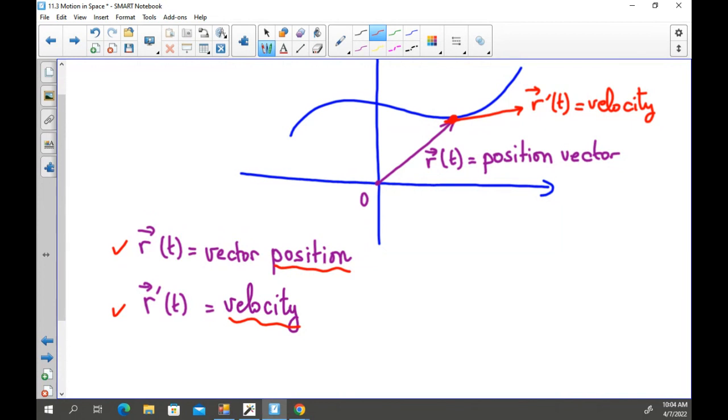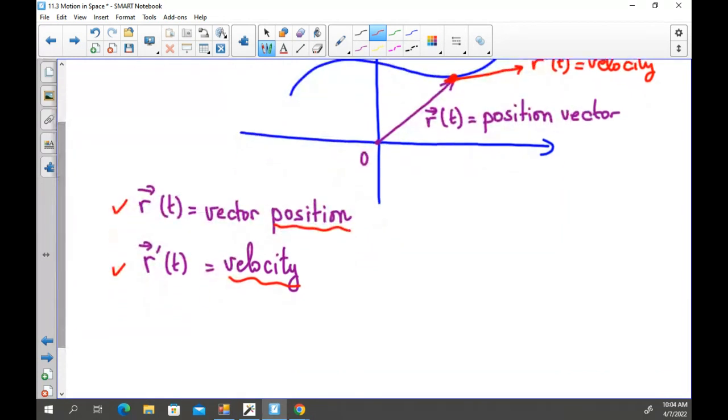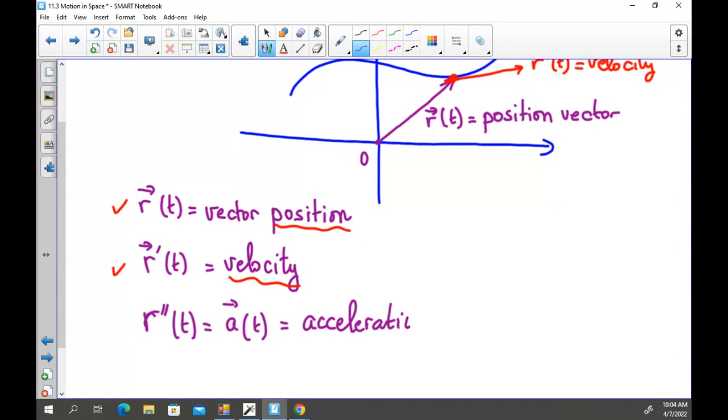And if I differentiate the velocity, we get the acceleration. That's it. So basically, r double dash is, we usually use a, the acceleration of this object, whatever it is.